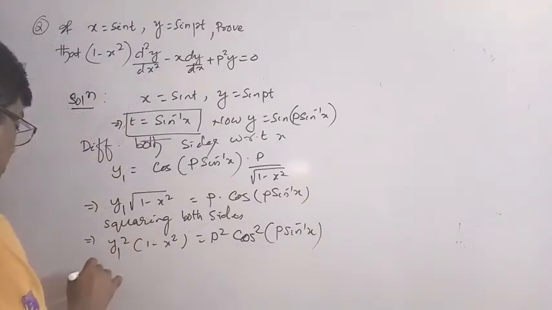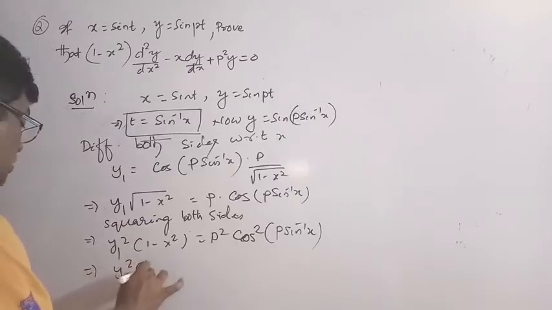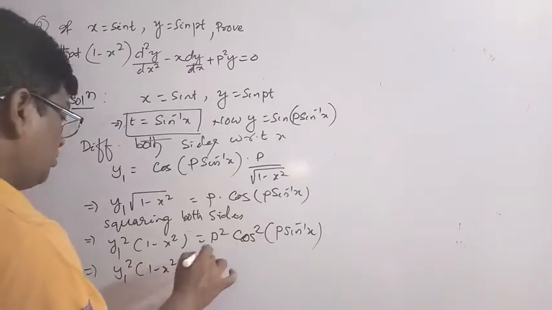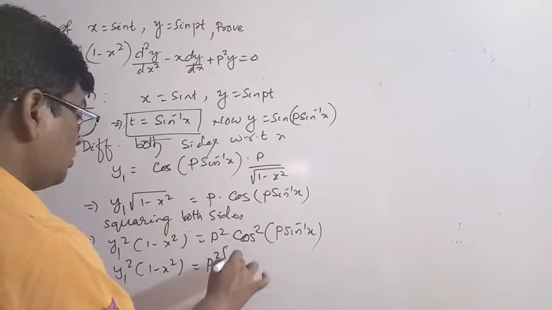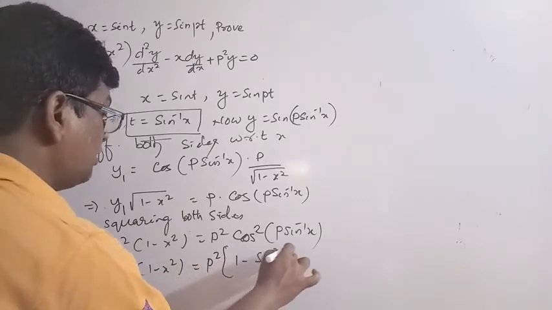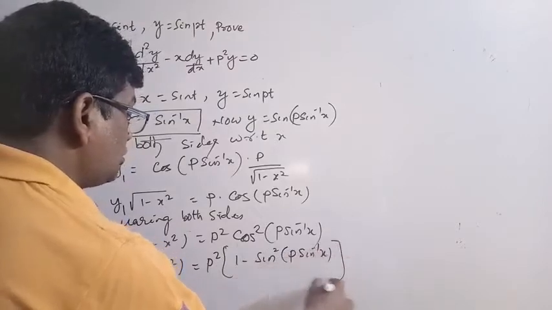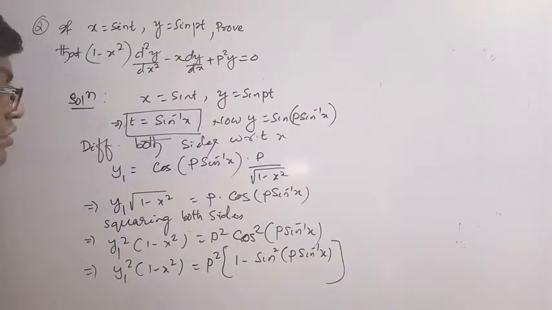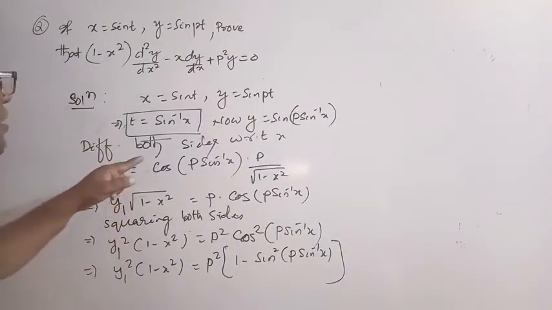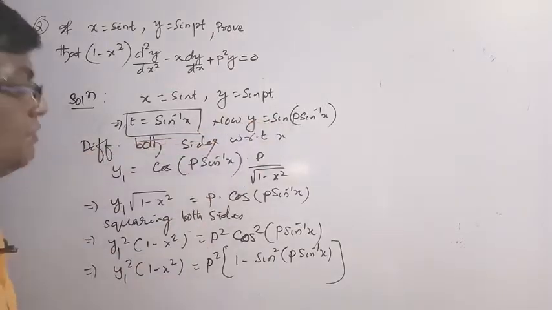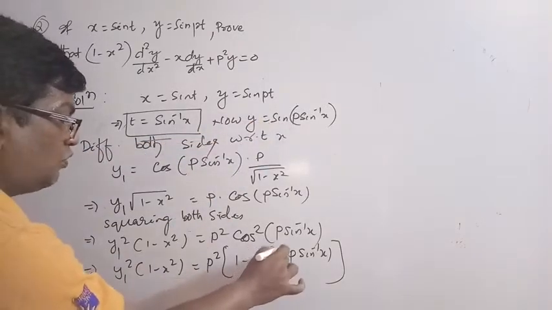This is y1 square into 1 minus x square is equal to p square into 1 minus sin square of p sin inverse x. Clear? What is y means what? Sin of p sin inverse x. So this is square form, so y square.